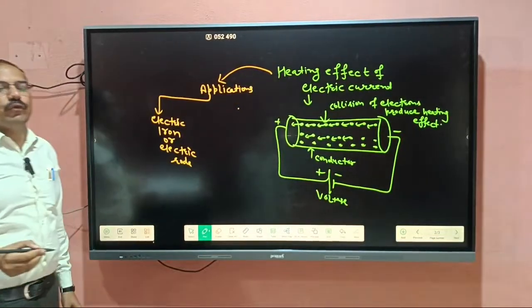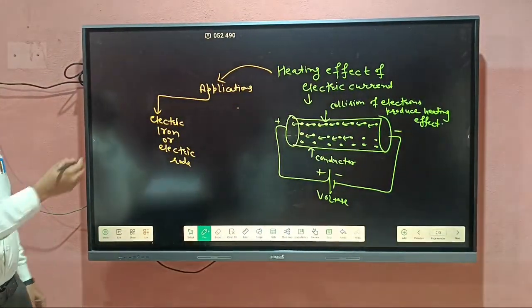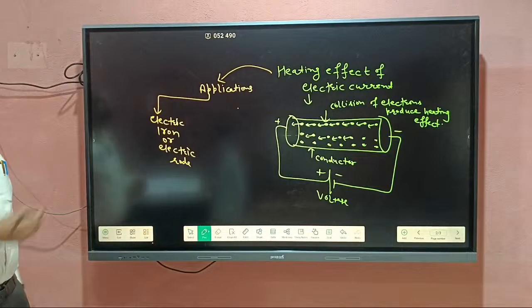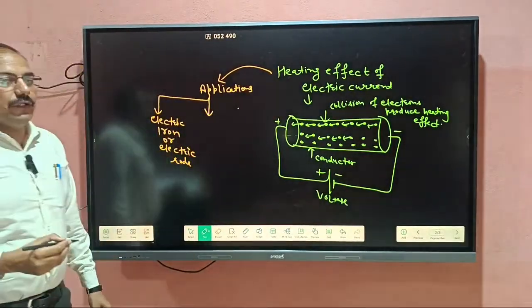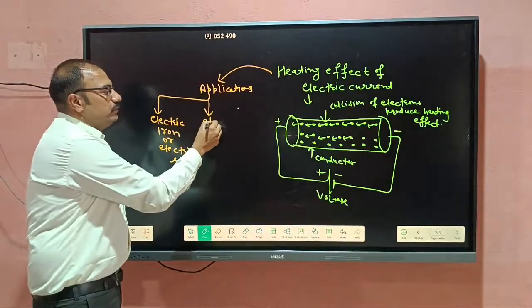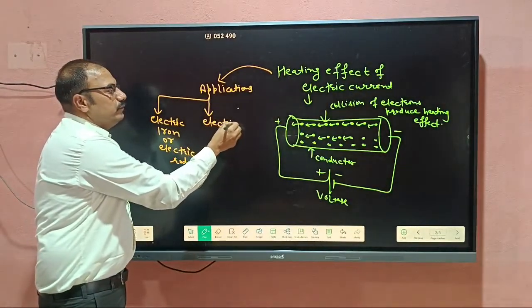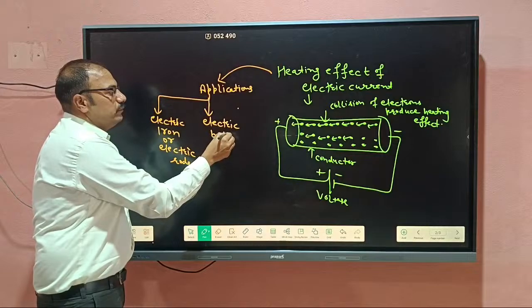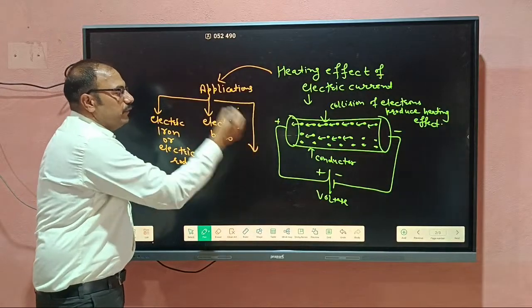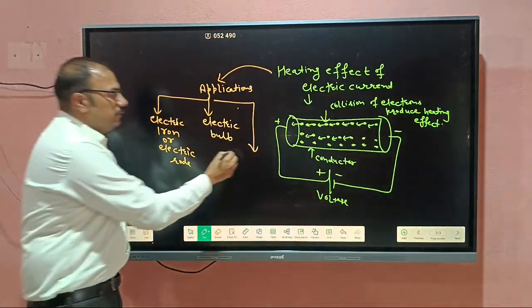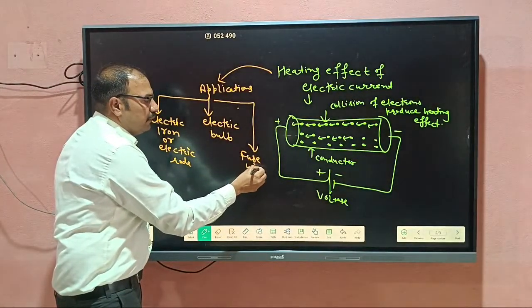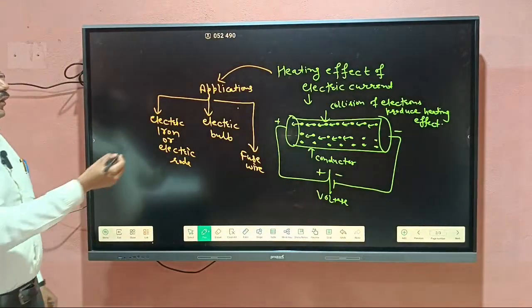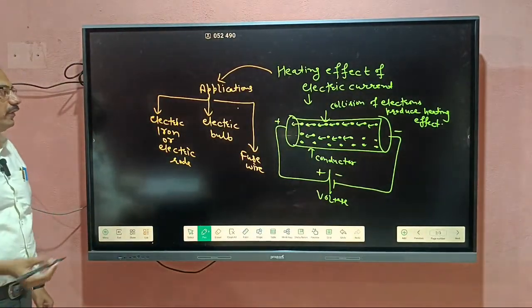The electric rod is used for heating water, and the electric iron is used for ironing clothes. And second, it is used in an electric bulb, and also in fuse wire. These are some important applications of the heating effect.